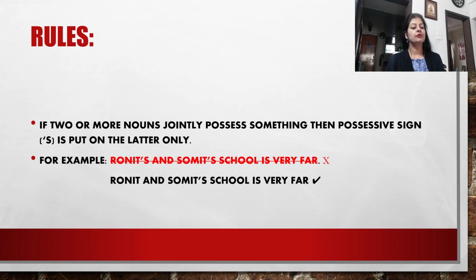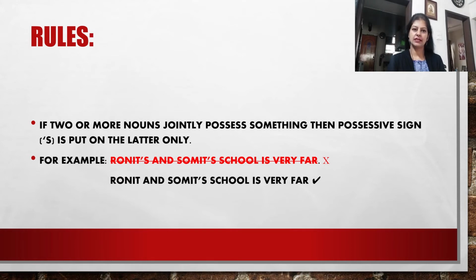If two or more nouns jointly possess something, then the possessive, that is apostrophe s, is put on the later one. For example, Ronit's and Somit's school is very far. This sentence is absolutely wrong, because Ronit and Somit are going to the same school.